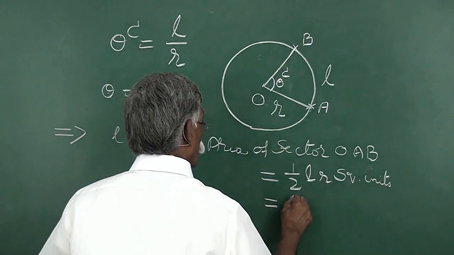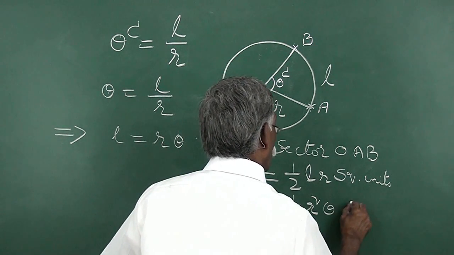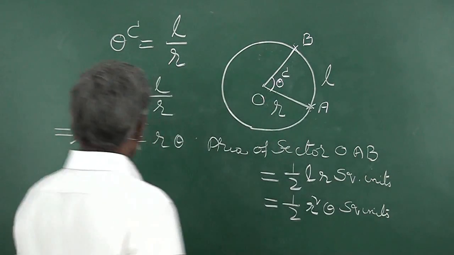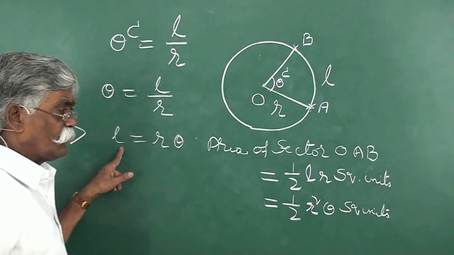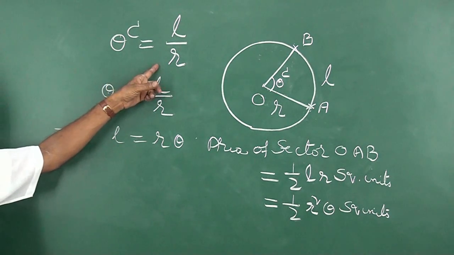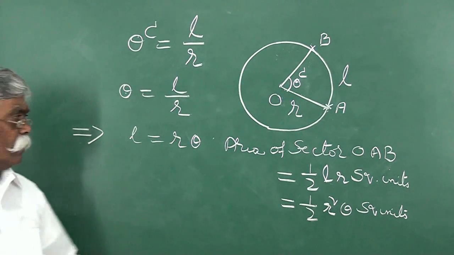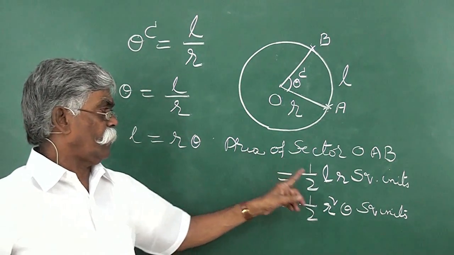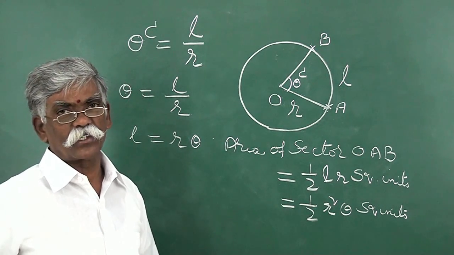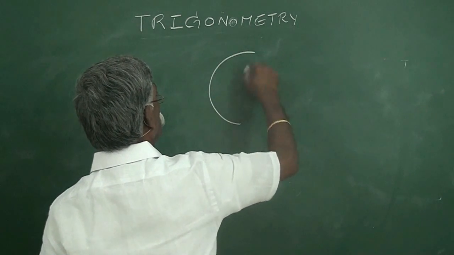This is also equal to half R square theta units, since from this L is equal to R theta. So theta radians is equal to L by R and L is equal to R theta. Area of the sector OAB is half LR units. It is also equal to half R square theta units. Now, this is a circle.